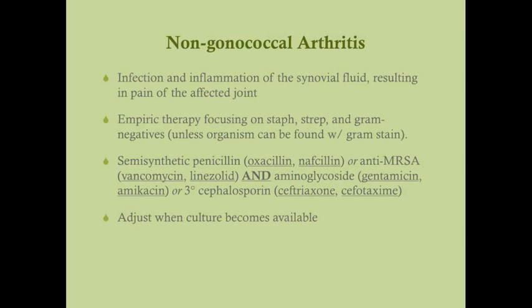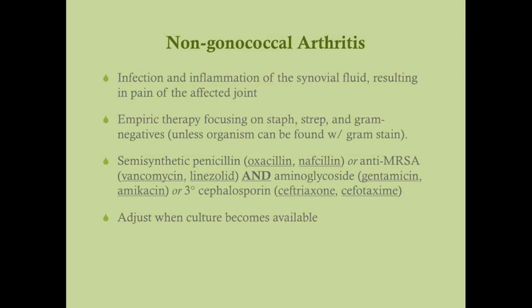The empiric therapy for non-gonococcal arthritis is going to focus on the most common causes: staph being the number one cause, strep, and gram-negatives. Usually you're not going to find an organism with gram stain. It's usually going to take culture, but if you do find an organism on gram stain, you can simply target that particular organism. But most of the time we're going to have to use empiric therapy focusing on staph, strep, and gram-negatives.